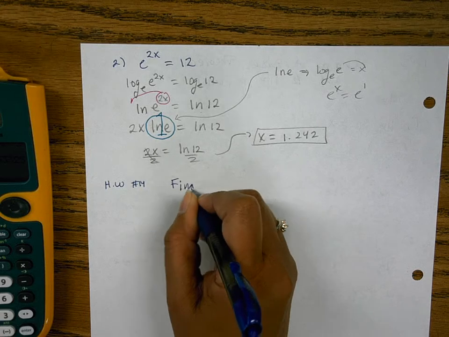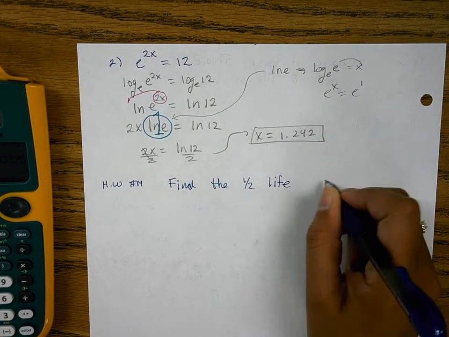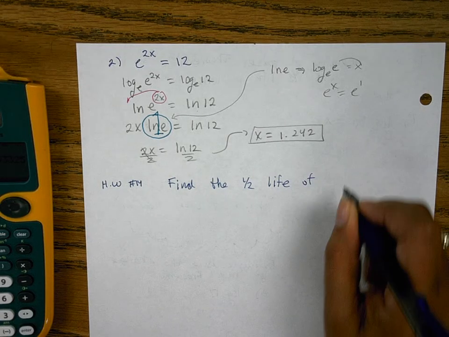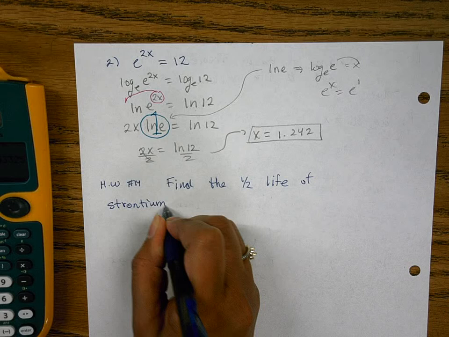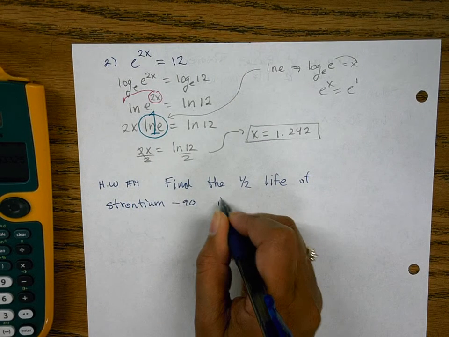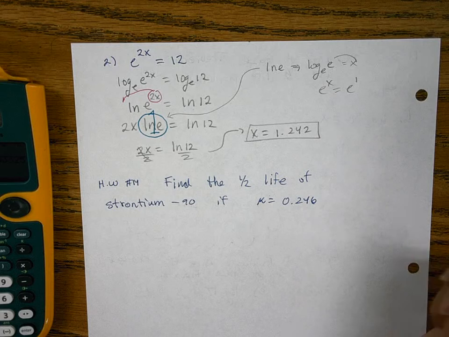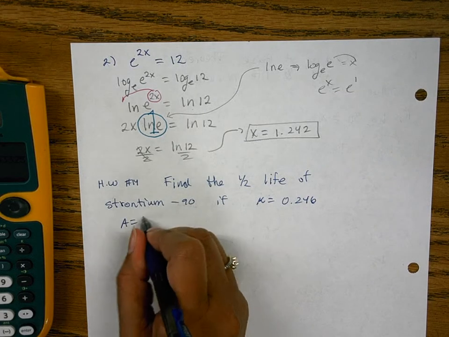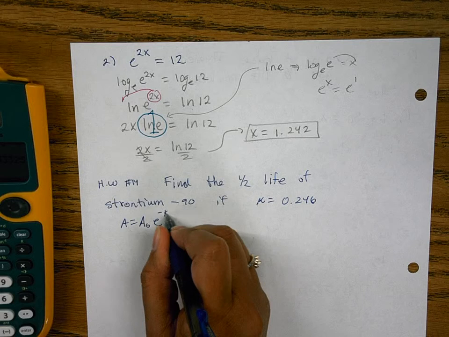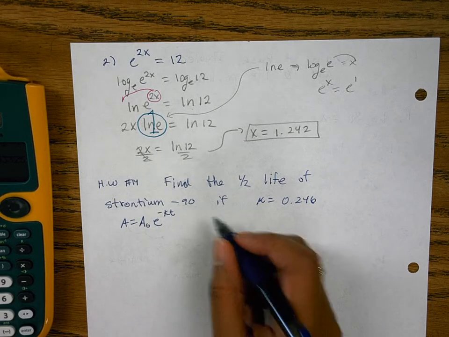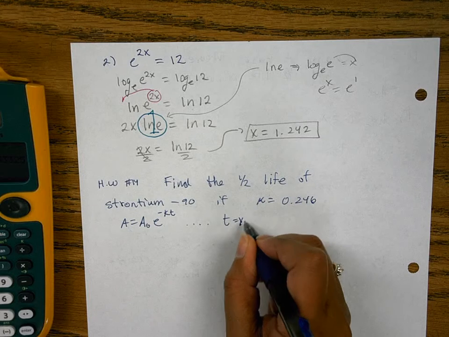Find the half-life of strontium-90 if K equals 0.0246 and A equals A naught times e to the negative KT, and T is expressed in years.